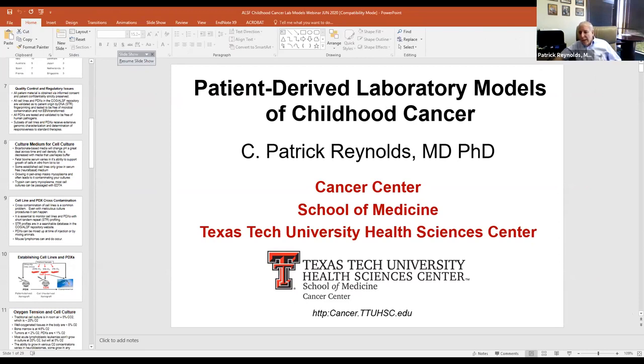So another issue that I want to cover is cell line and PDX cross-contamination. People are now paying attention to this. For years they weren't. But I can't tell you how many times we found that problems exist because people were working with what they thought they were, and they weren't.